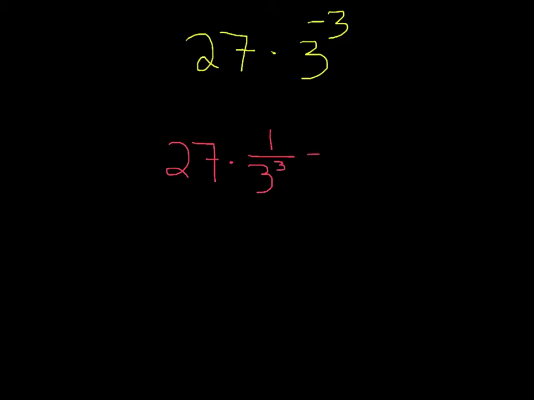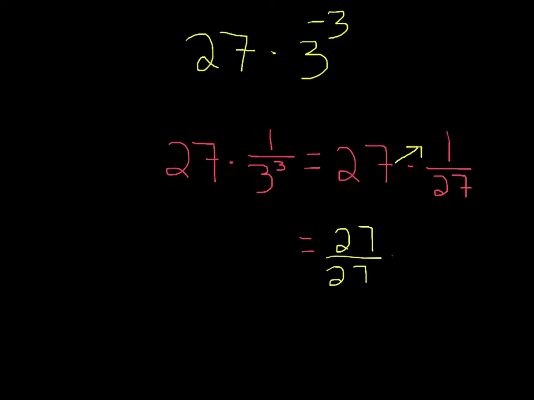And then continue with your exponent. This is 27 times 1 over 3 to the third power is 27. And now we just need to multiply. When you multiply a number by a fraction, you multiply to its numerator. So 27 times 1 is 27 over 27, which equals 1.